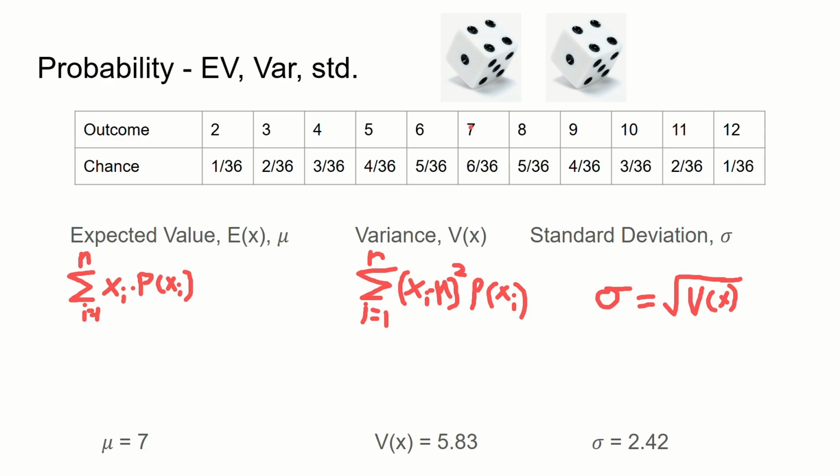So 2.42 tells us that about here and about here is where most of the data will be clumped up. And we see on the edges there's only about a sixth of it on this side and a sixth of it on this side. So about 2/3 of the data is within one standard deviation of the mean.